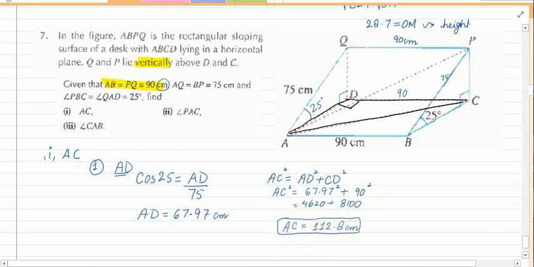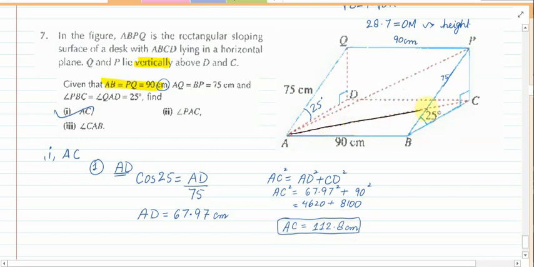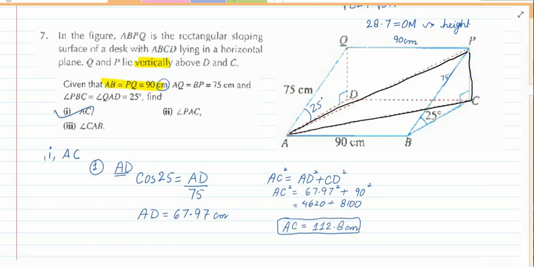Right? That was the first part. And I am going to erase the lines from the figure. Now, the next part says PAC. Now, which triangle am I going to consider? This one, right? That is my main triangle, and I need to find the angle PAC. That means this angle A is X. Before finding this angle, I need to find the value of PC, right?